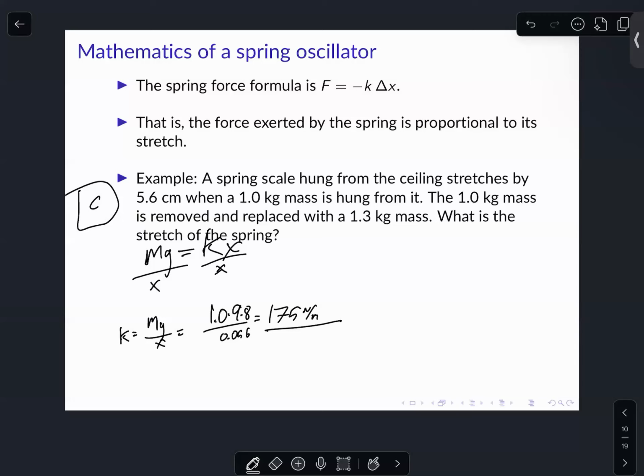If I use the formula again, mg equals kx, and I plug in m is now 1.3, I get 7.3 centimeters.